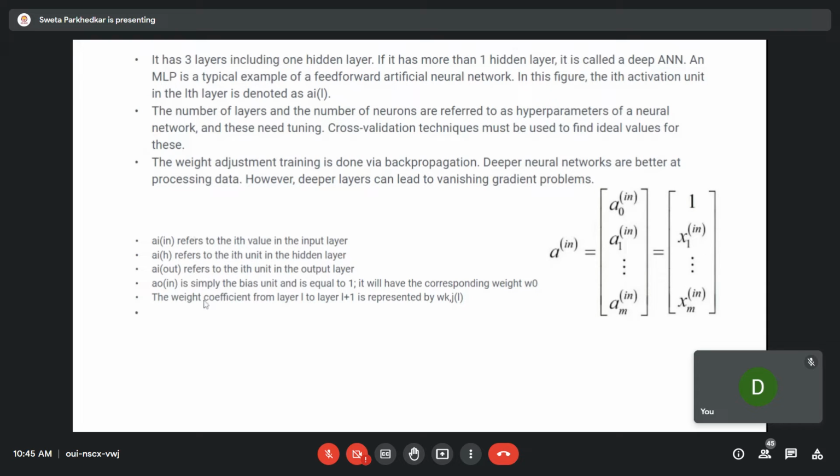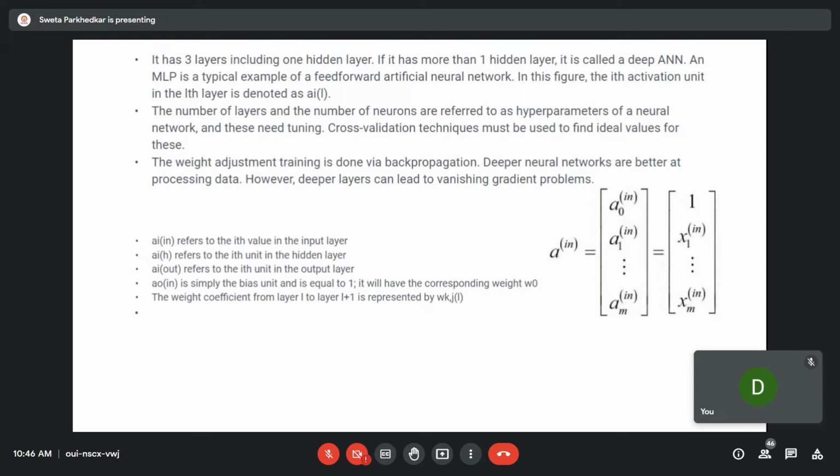So these are some of the notations that have been used in your book, Shivanand book. A_i^in refers to the ith value in the input layer. A_i^h refers to the ith unit in the hidden layer. A_i^out refers to the ith unit in the output layer. Okay. So A_i in, h and out; A_0^in is simply the bias unit.